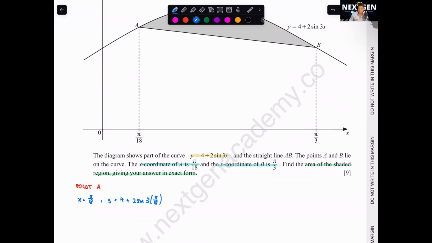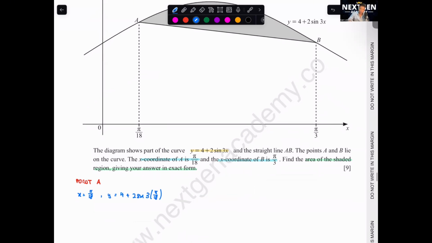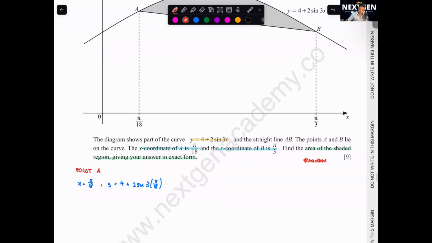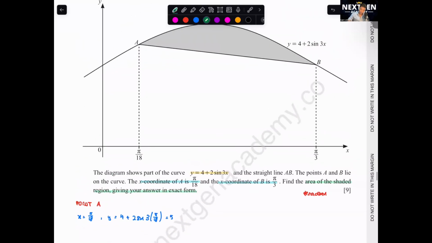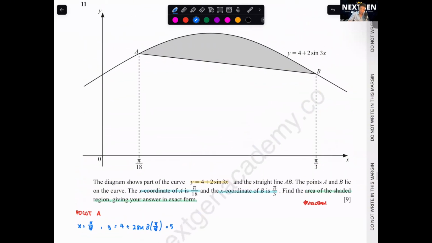Put it into your calculator and change it to radian mode first. Okay, got it, Chloe. 5. So our A here will be pi over 18, 5. Let's label it down: pi over 18, 5.